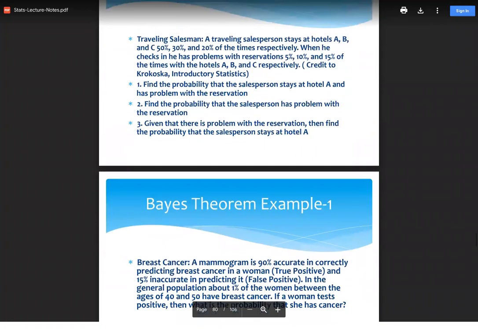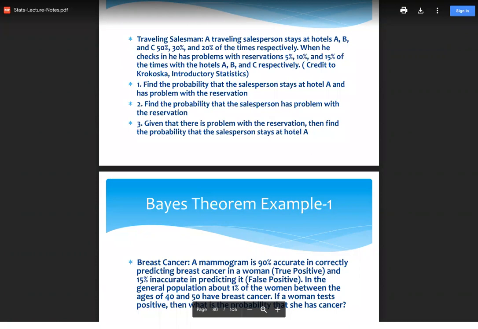And let's see. Traveling salesman problem. A traveling salesperson stays at hotels A, B, and C 50%, 30%, and 20% of the times, respectively. So a traveling salesperson goes to a city and stays at hotel A, hotel B, and hotel C 50% of the time, 30% of the time, and 20% of the time.